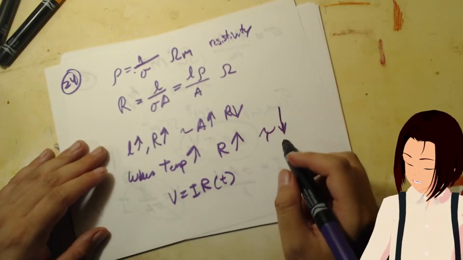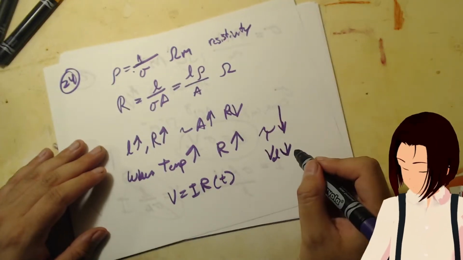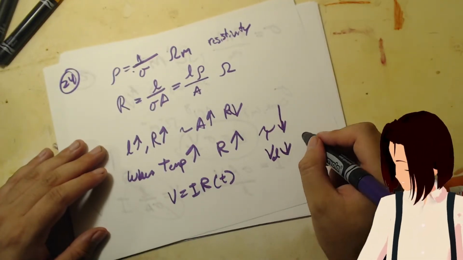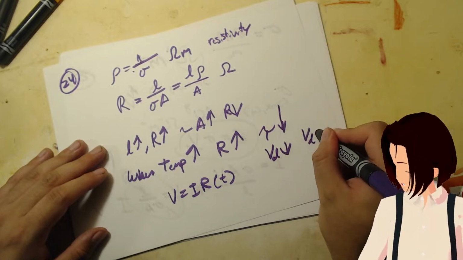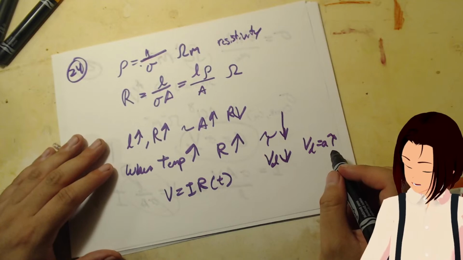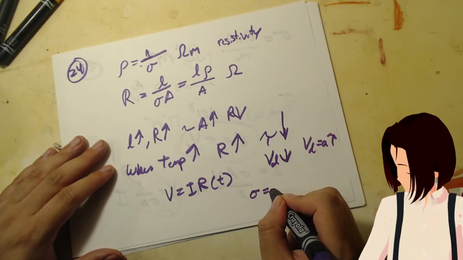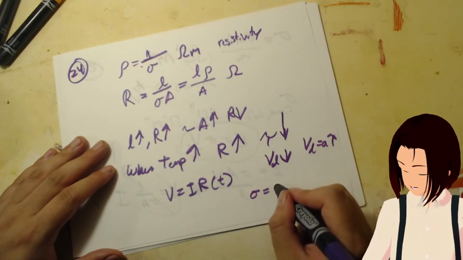If tau goes down, the drift velocity goes down, because remember, the drift velocity is equal to acceleration times tau. And we also know the conductivity is this.